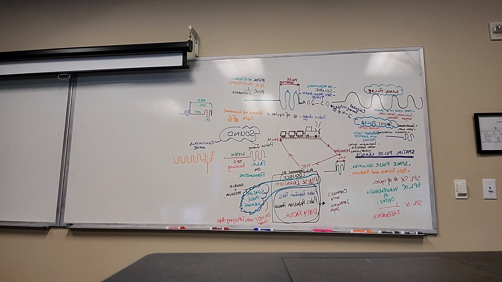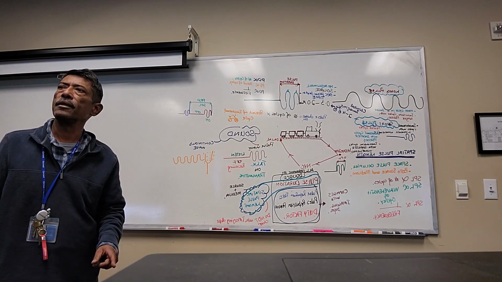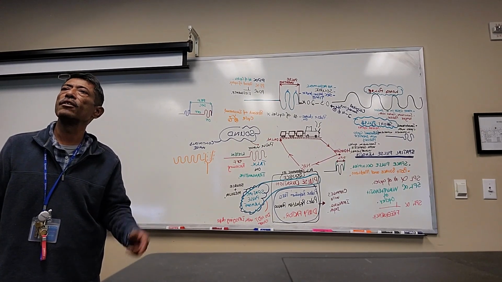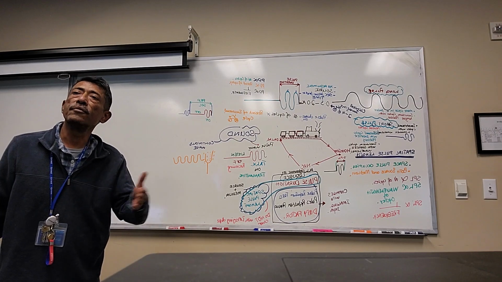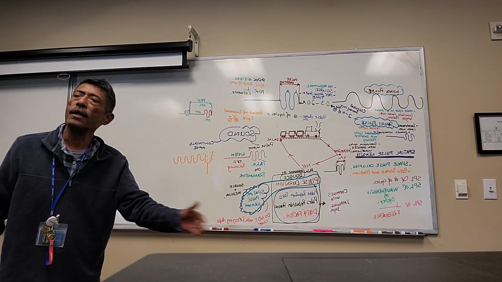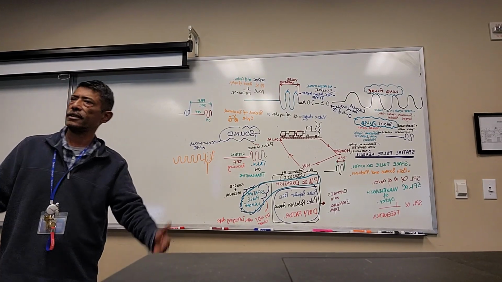PD is not adjustable. Spatial pulse length is not adjustable. That's how the PRP becomes adjustable, because it comprises both the talking and the listening time, the on and the off time, the transmission and the receiving time. Receiving time varies depending on the depth of view: superficial, lesser; deep, more. That's how it affects the PRP.